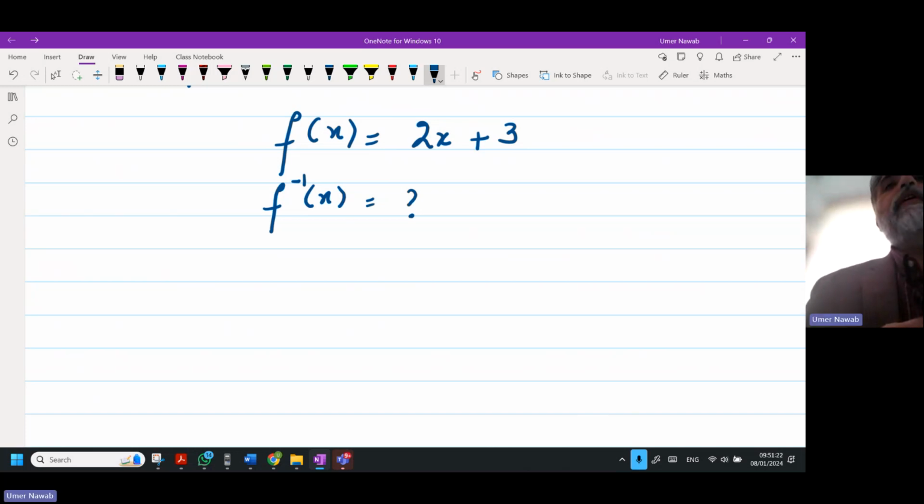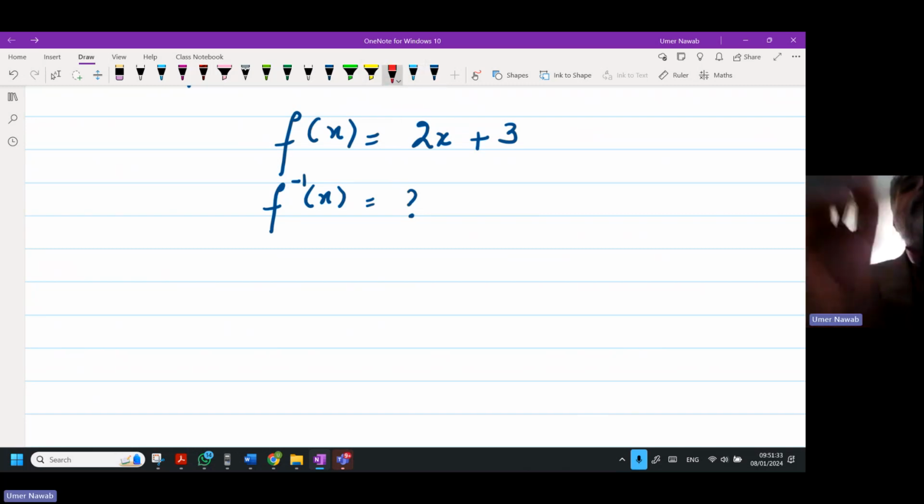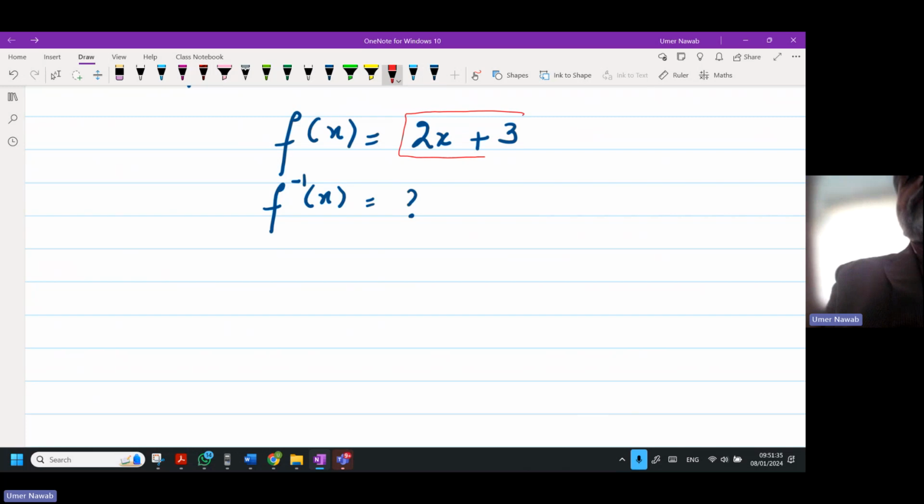Clear? How to do this job? Very, very easy. To do this, the original function will be written equal to y. I will explain it to you.